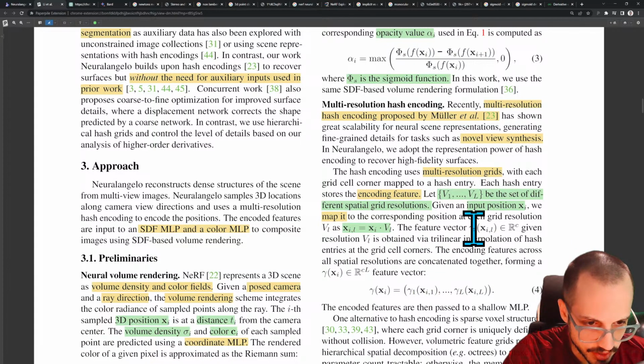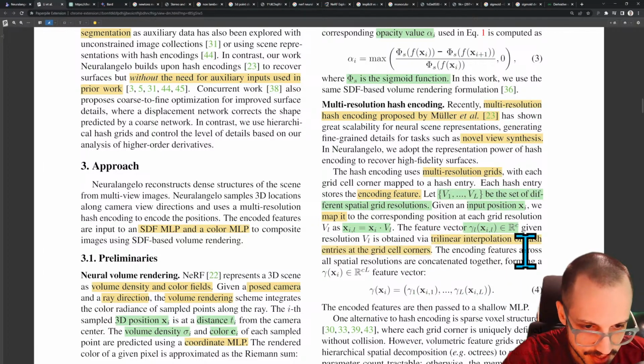The feature vector gamma L, which is a function of xiL, the dimensionality of that is C. So it's some vector with C elements in it, right? That's probably going to be the output of some neural net, right? They keep using the word feature. Given resolution VL, it is obtained via trilinear interpolation of hash entries at the grid cell corners.